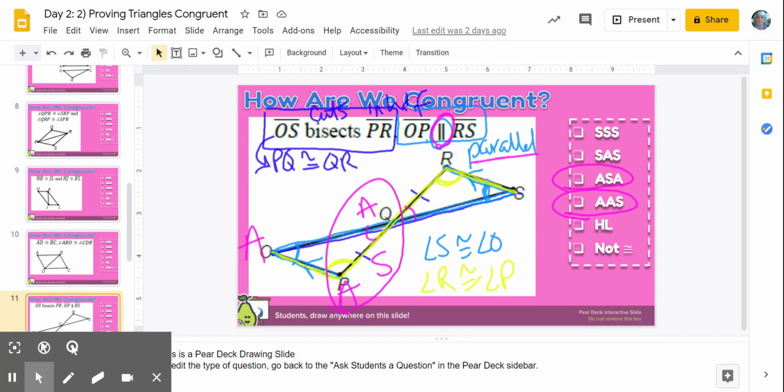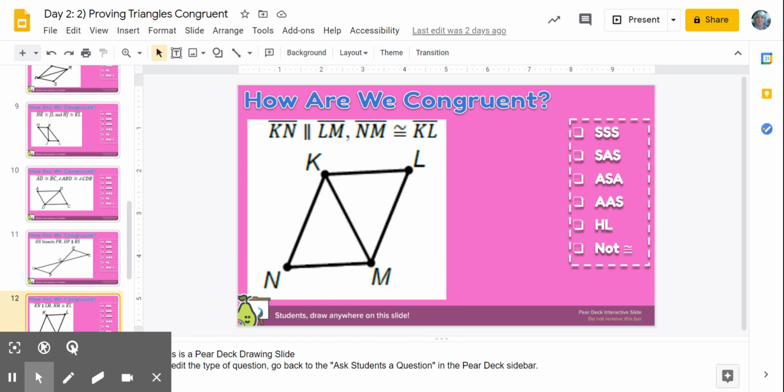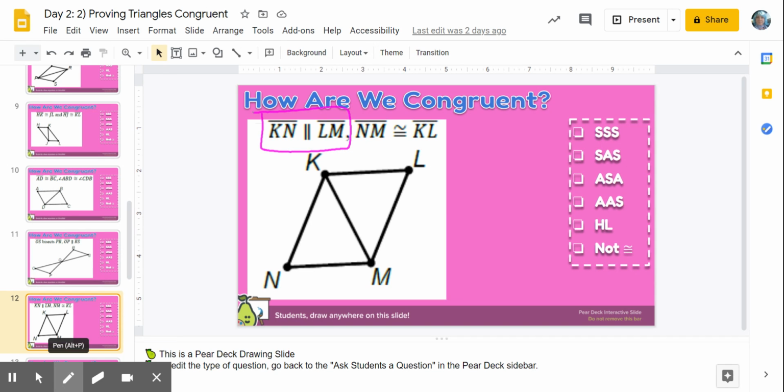You guys stop me if there's another one you want to talk about. I got 2 more. 12. So what can I mark here? You guys talk me through it. What does this mean? Parallel.